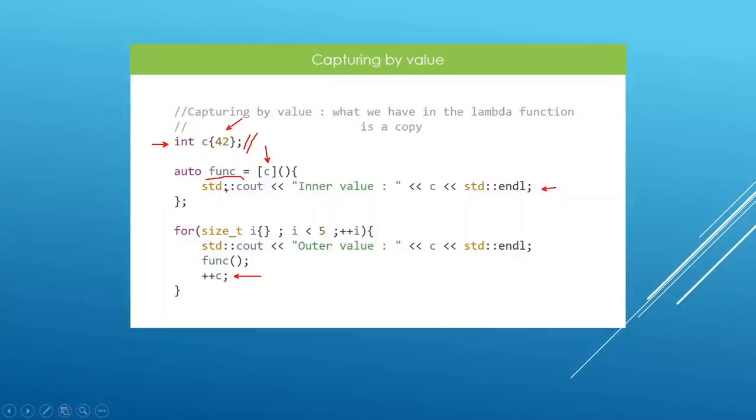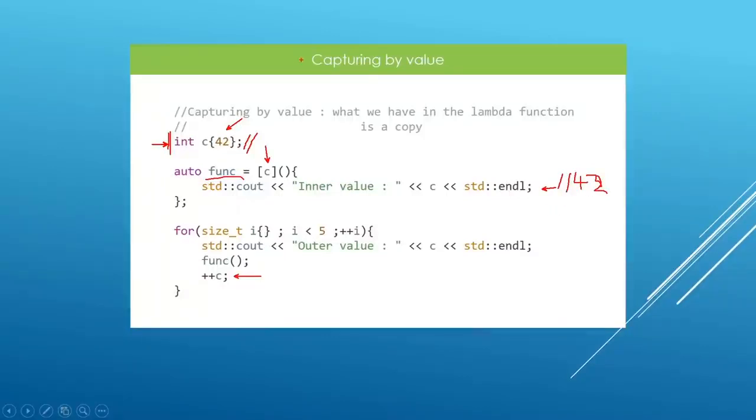So the outer value is going to go from 42 all the way to 47, as we go 5 times incrementing it, but the thing on the inside is not going to change because it is a copy. The incrementation is affecting the outside variable, but it is not affecting the copy we have inside our lambda function. So for all these loops, we're going to see 42 printed out. We're going to see this in a minute when we hit Visual Studio Code. Let's say 42 correctly. Excuse my typing here.